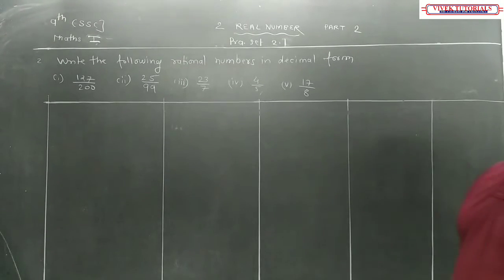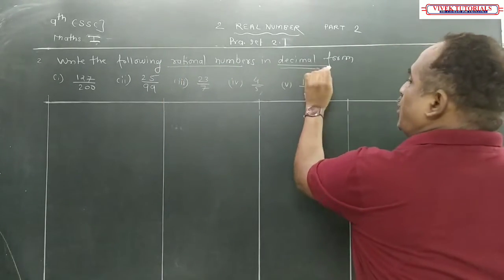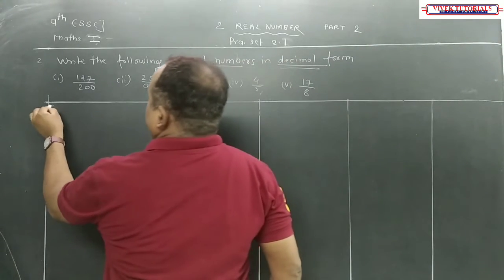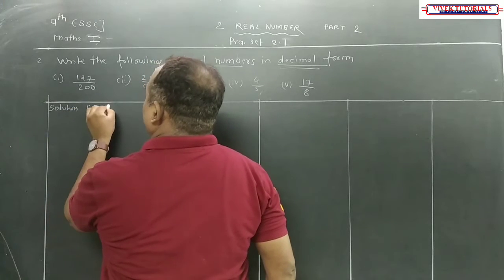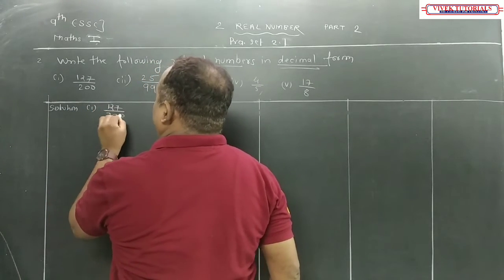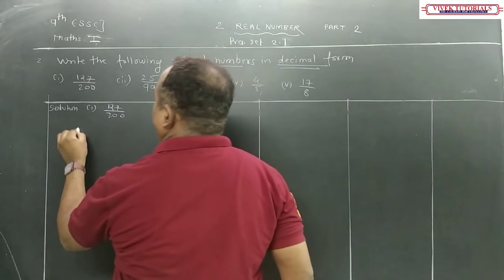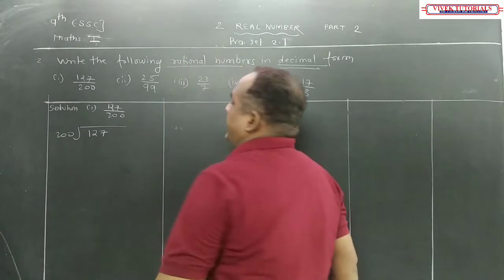Now next question is, write the following rational numbers in decimal form, means in point form. First question, solution for the first question: 127 divided by 200. So in a simple way we are going to divide 127 by 200.